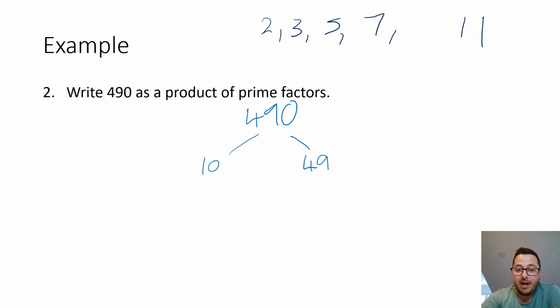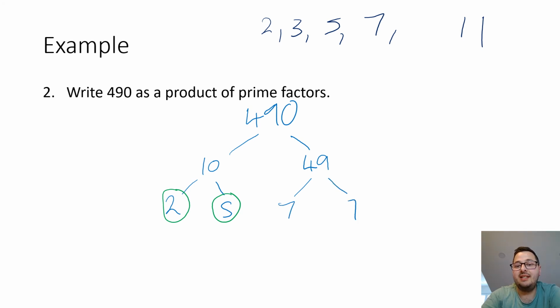Now, I've not got any prime numbers yet, but I can just keep going down each branch separately. 10 is the same as 2 times 5, and they're both prime, aren't they? So I can circle those. Then 49, I'm remembering from previous videos that this is a square number. 49 is 7 times 7, and they are both prime as well.